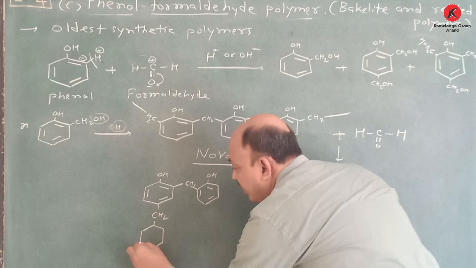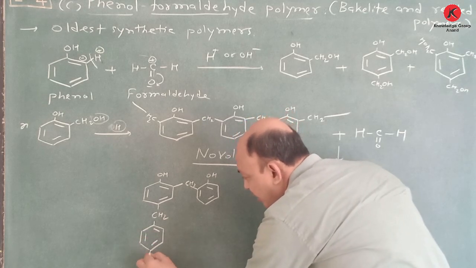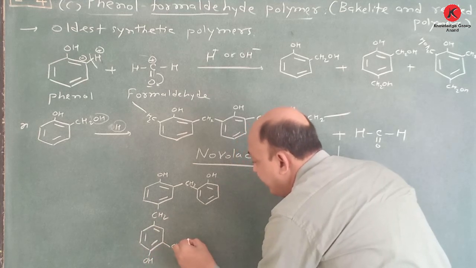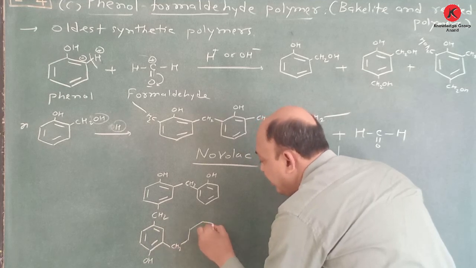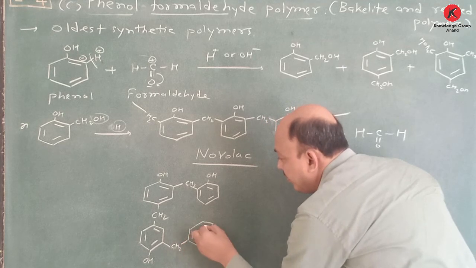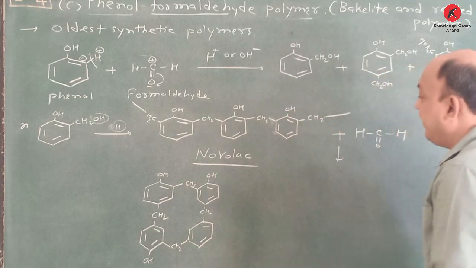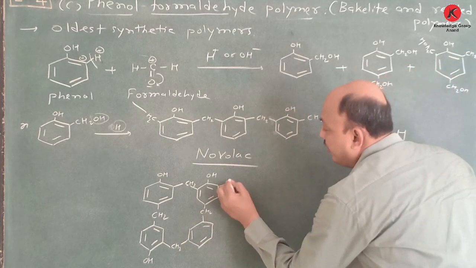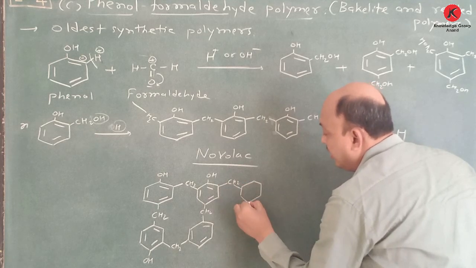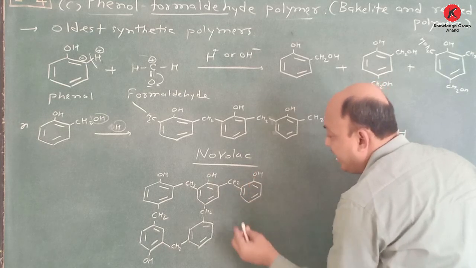Then this way, and then just see here OH is there. So here CH2, and between this CH2 is there. Same way, once again you have to write here CH2, here OH.